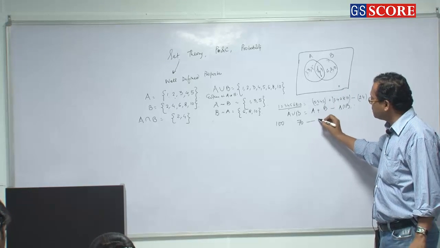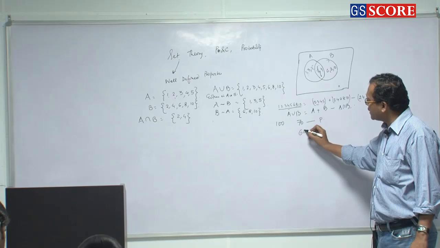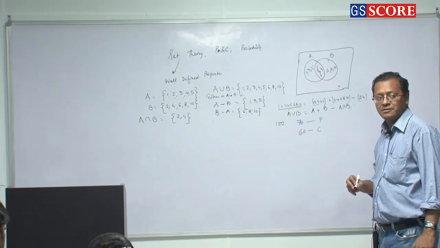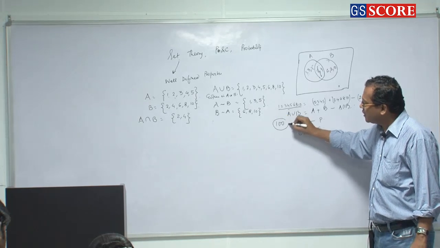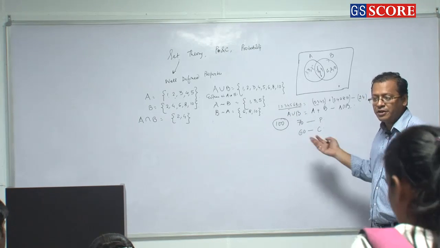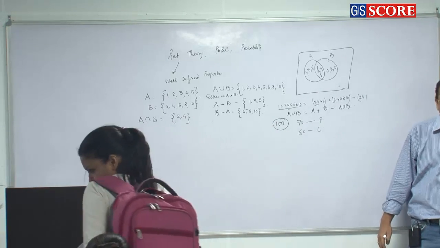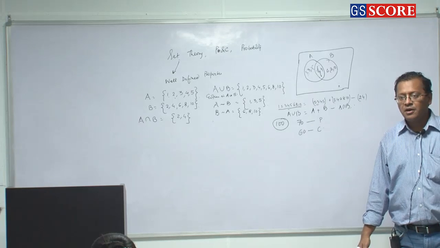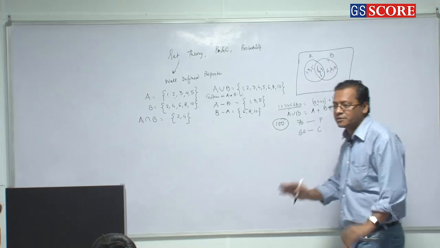So 70 students passed in physics, 60 students passed in chemistry. The total number of students in the class is 100 who are appearing in the exam. Right? So tell me how many students passed in both the subjects.